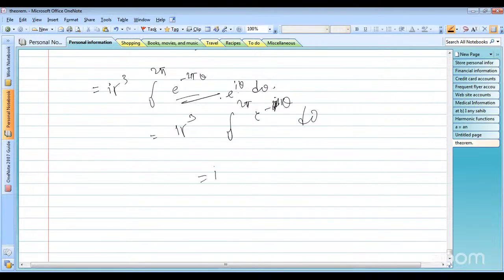So the integration i into gamma cube, after integrating e power minus i theta by minus i, applying the lower bound 0 and the upper bound 2 pi, is equal to 0.